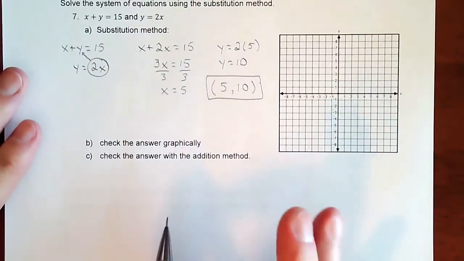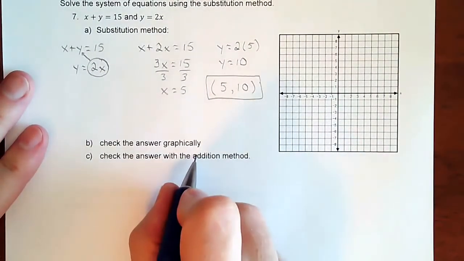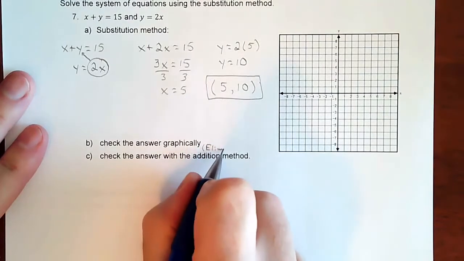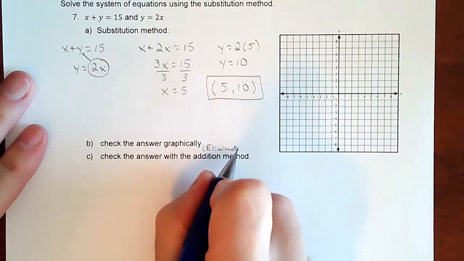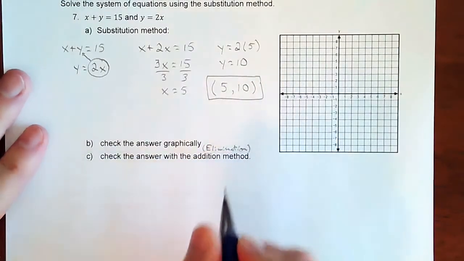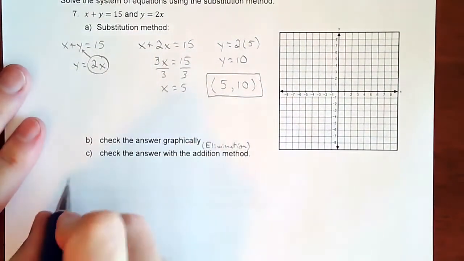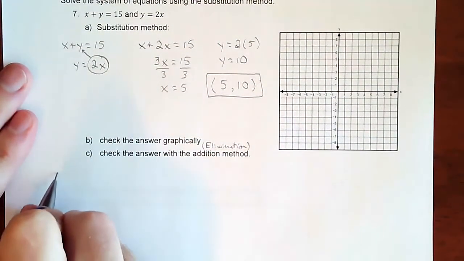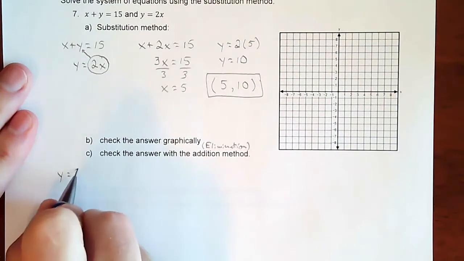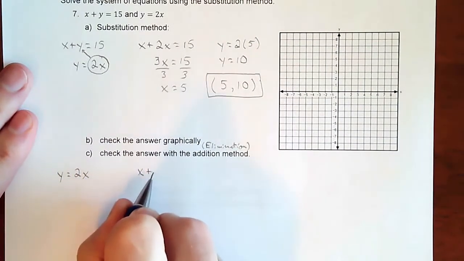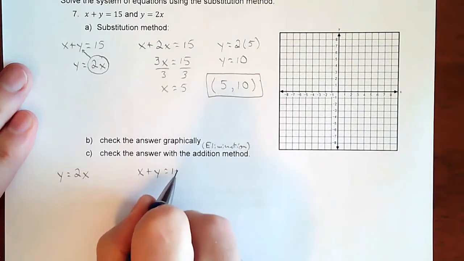So I want to compare that method with the addition method, which is also the elimination method. They mean one and the same. You're eliminating, but you're also adding the equations together. In order to do that method, which is totally fine, you can do elimination on every single one of these, you need to line everything up. Right now you have x plus y equaling 15.